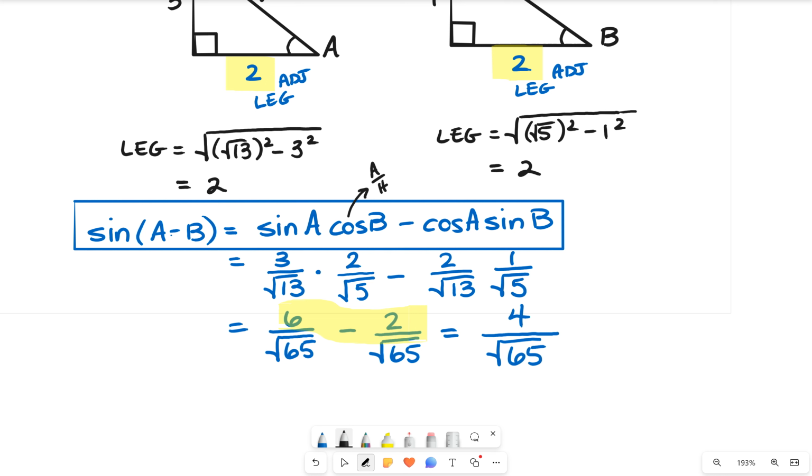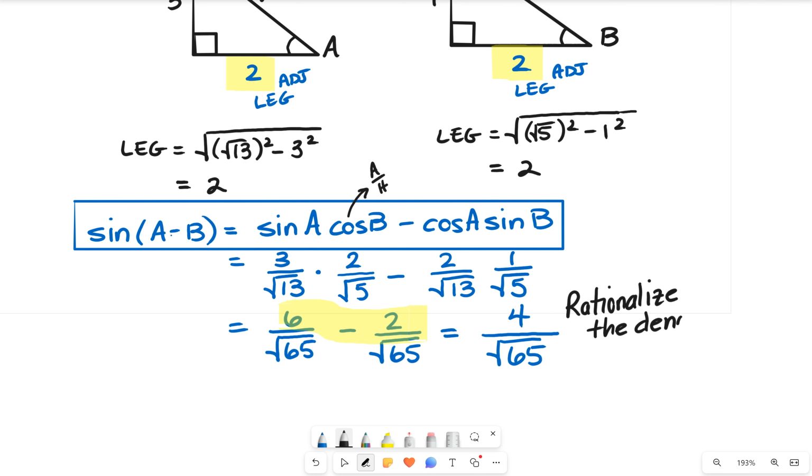Now, I need to remember that I must rationalize the denominator. I do not want my final answer to be a ratio or a fraction with a radical in the denominator. So we need to take care of that.